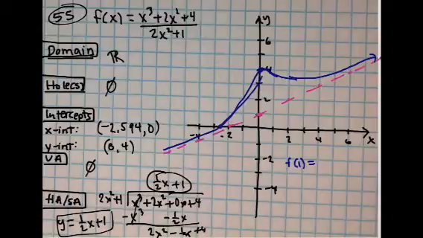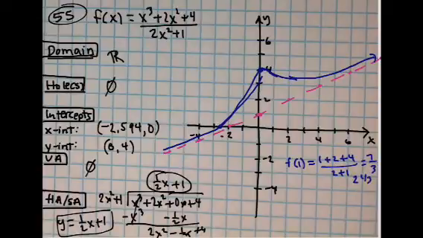F of 1 would be 1 cubed is 1, 2 times 1 squared is 2, plus 4. And then in the denominator, 2 times 1 squared is 2 plus 1 is 3. So in the numerator I have 7 over 3. So that's going to give me 2 1/3, right?